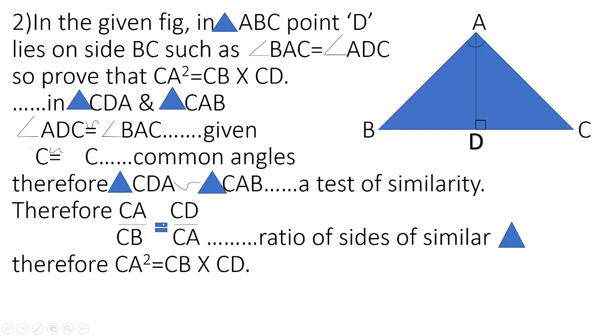CA upon CB is equal to CD upon CA. Reason: ratio of corresponding sides of similar triangles. After cross multiplication, you get CA square is equal to CB into CD. So, using the angle test, we solved our second example.